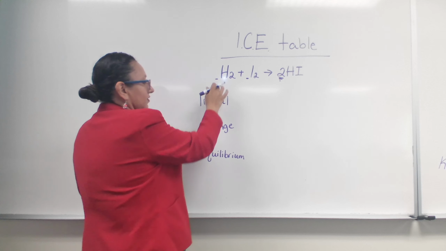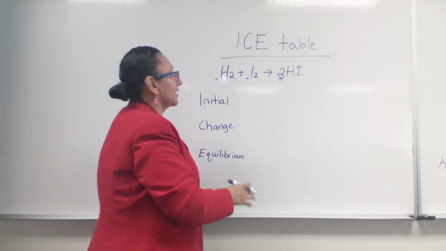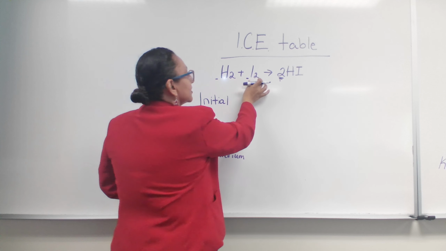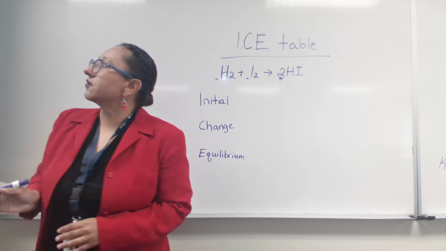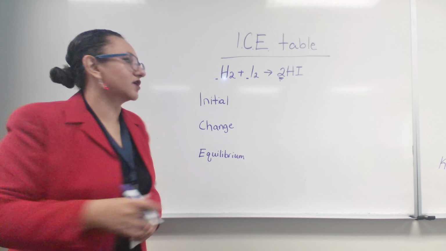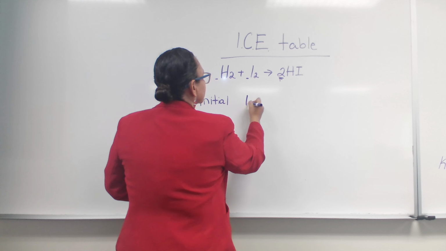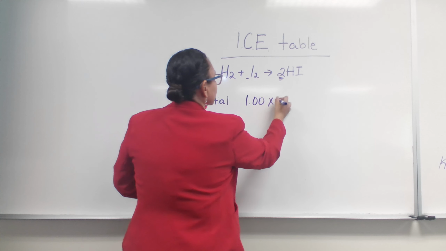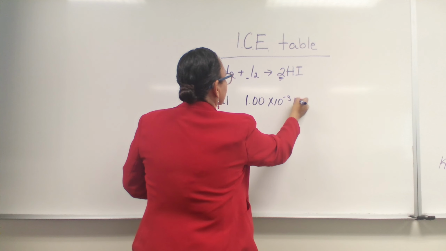So your ICE table: initial, change, equilibrium. Whatever my initial concentrations are. In our example, it told us our initial concentration of H2 is 1 times 10 to the negative third molar.